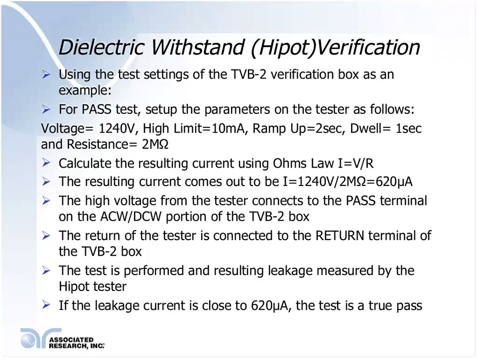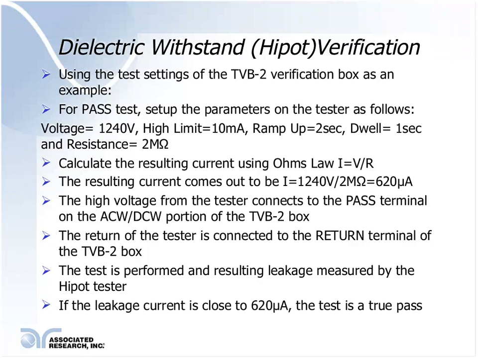Using that same table and the TVB2 box as an example, the Hipot test voltage for a particular Hipot test is, say, 1240 volts. If you refer to that table, the failed circuit includes a resistance of 120,000 ohms, or 120k ohms, and the passed circuit utilizes a 2 mega ohm resistor.